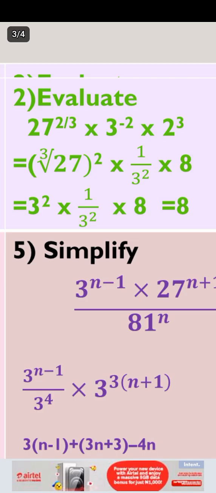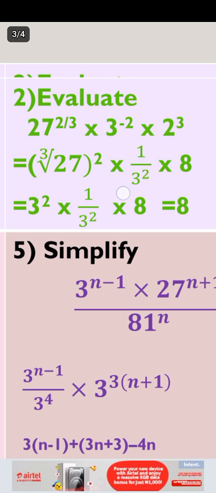Example 2. Example 2 says evaluate 27 raised to the power 2/3 times 3 raised to the power of minus 2 times 2 raised to the power 3. You can find out that 27 can be changed to base 3, so 27 and 3 have the same base.